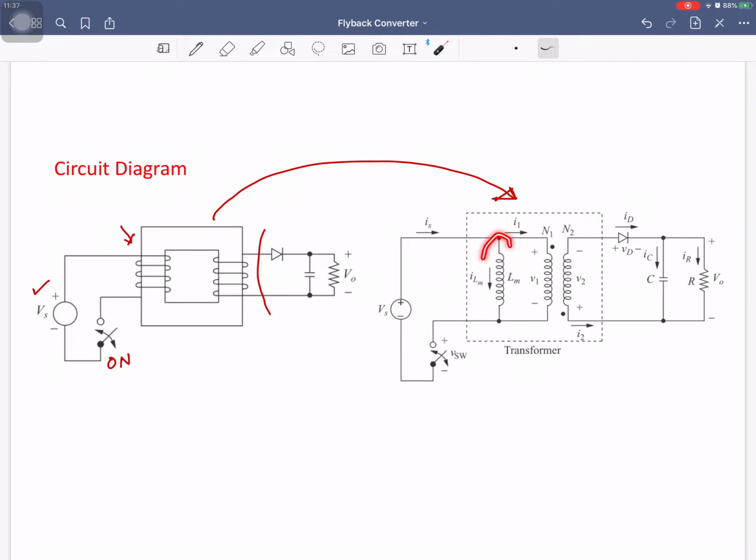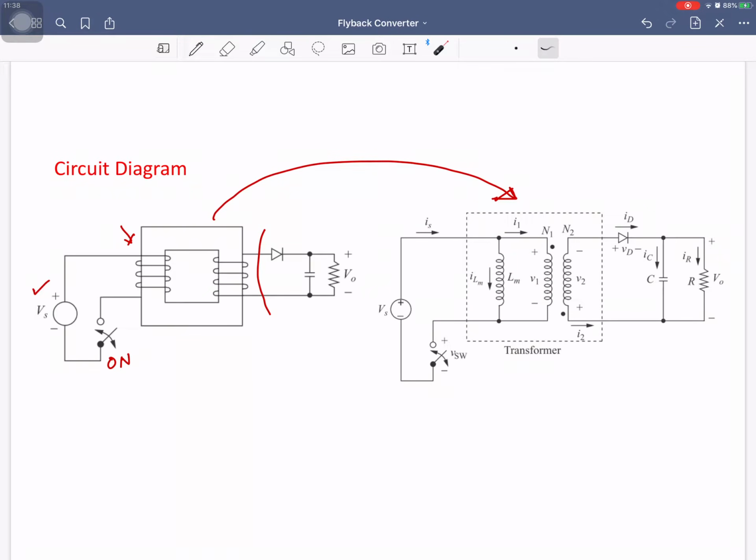And here you can see the magnetizing inductance. Okay, so when the switch is closed, the current will flow through the magnetizing branch and through the switch, and this will be the path of the current. So energy will be stored over here.